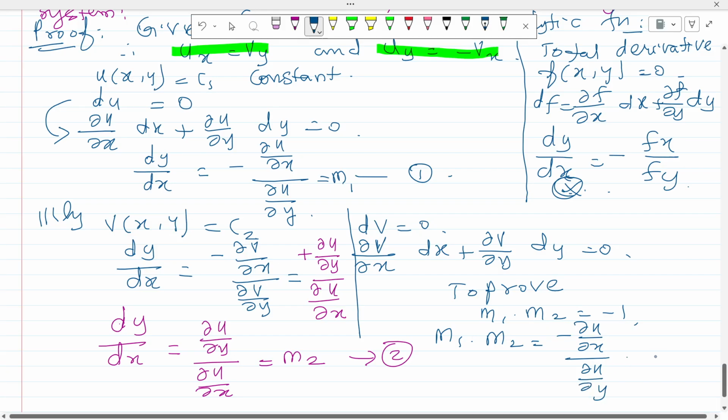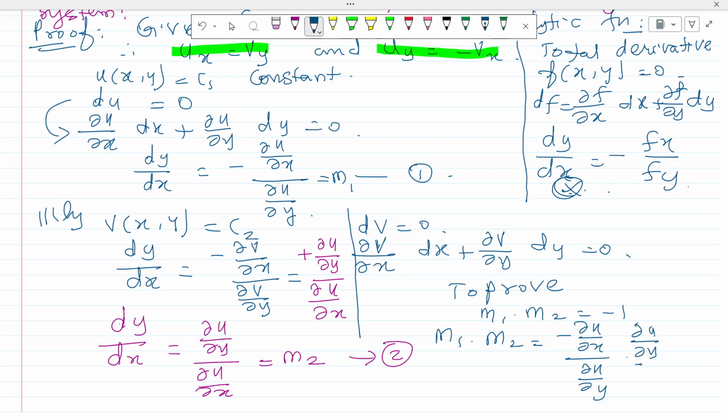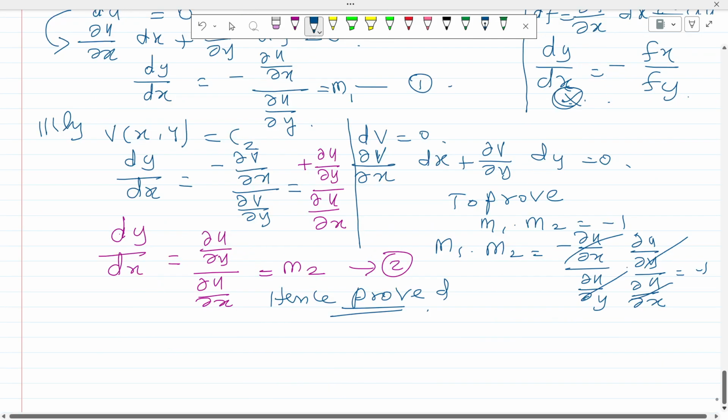What is m2 here? Dou u by dou y divided by dou u by dou x. So m1 into m2 equals minus 1. Hence proved that both the curves cut orthogonally.